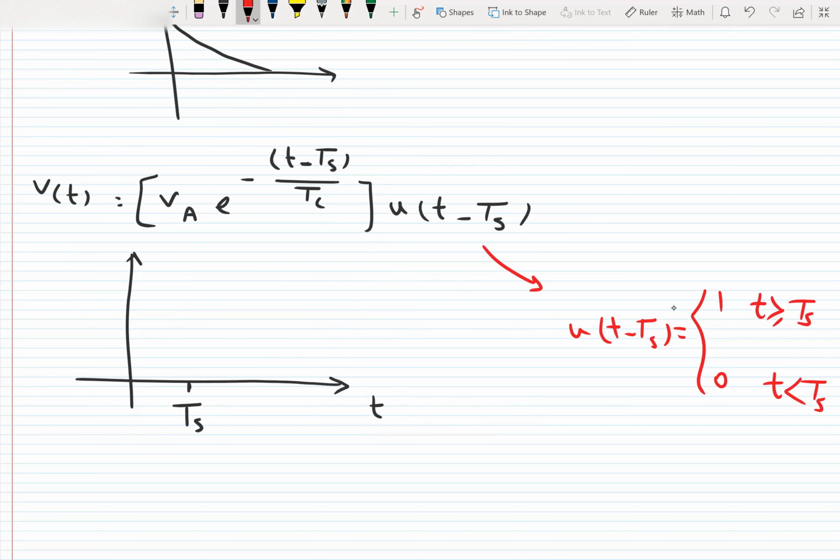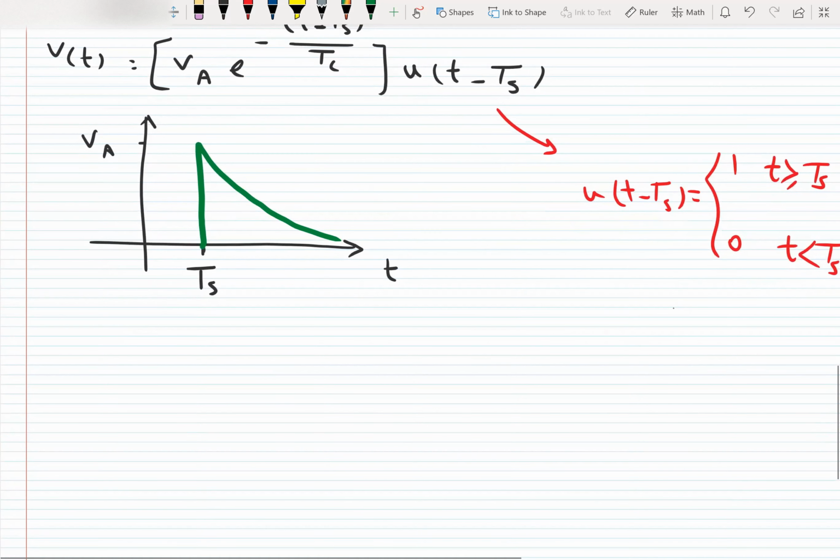So we start our graph from Ts, and the maximum value of the signal, of course, is VA. Okay, and here is the signal. It starts from Ts and goes down.